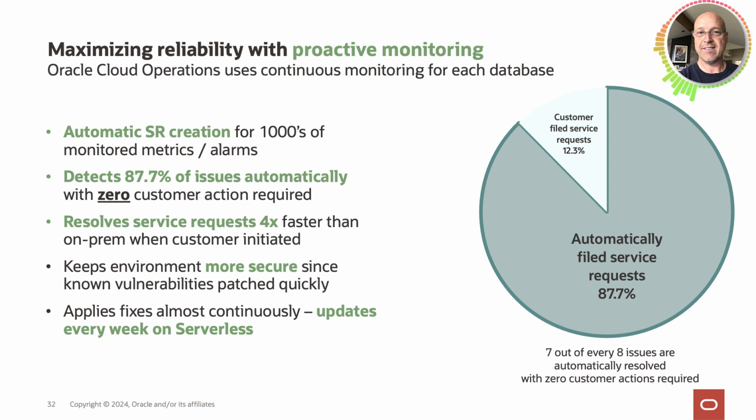So you move away from what used to be a support interaction model, and you move to a DevOps model. And over the years, we've hardened things to the point now where almost 90% of issues that are found, and by the way, when you're dealing with a million databases, like we're managing so many databases these days, there are always random issues happening.